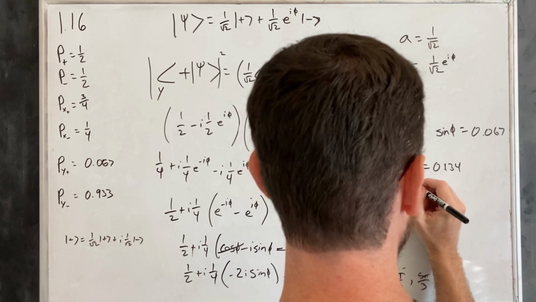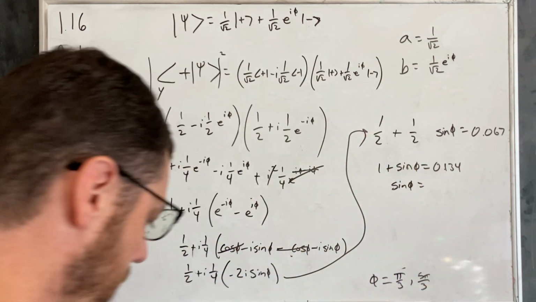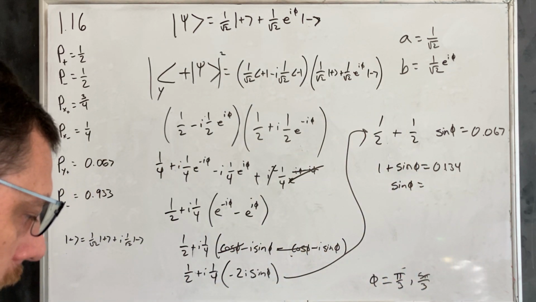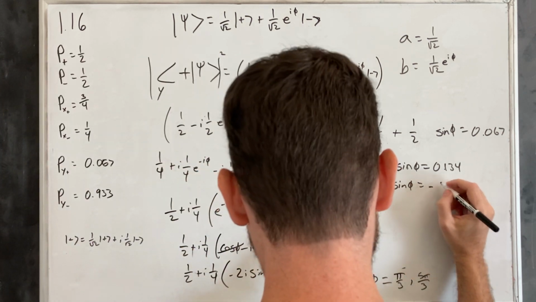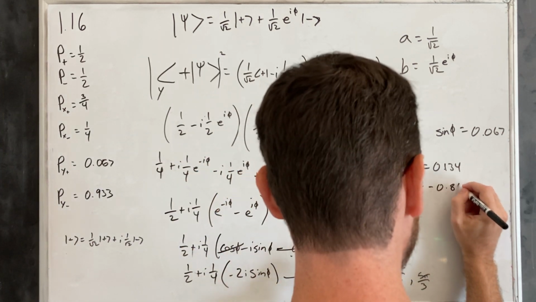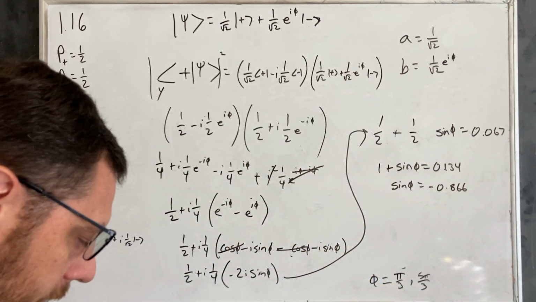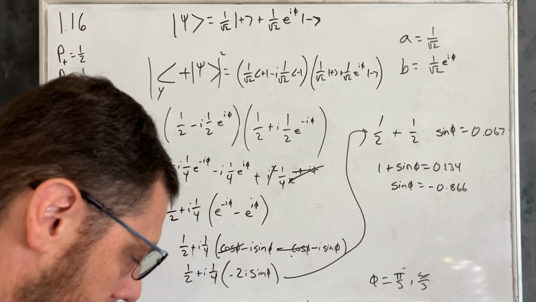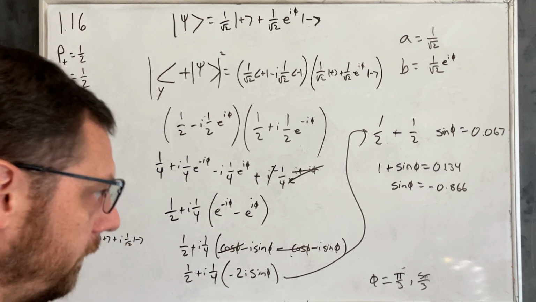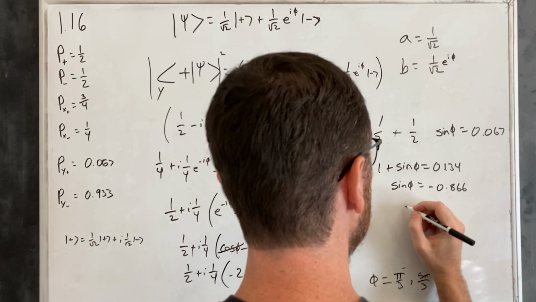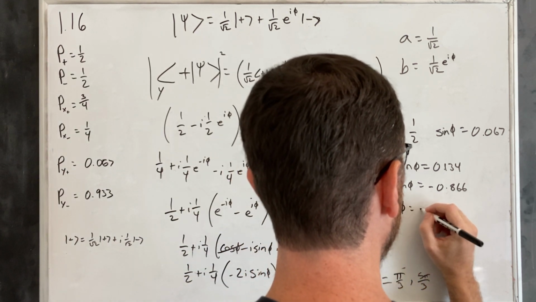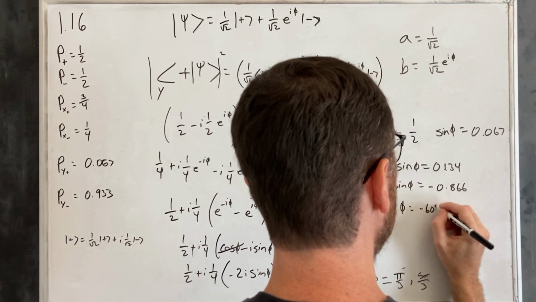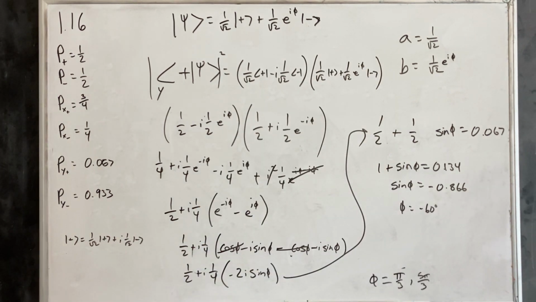So sine phi equals this minus 1 equals negative 0.866. And take the inverse sine of that. Inverse sine of that is about negative 60 degrees. And let's go see what that is on the unit circle.